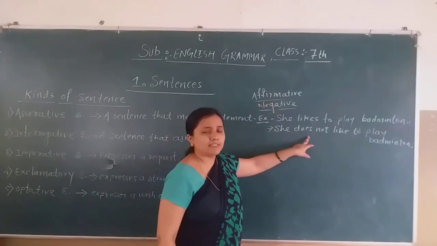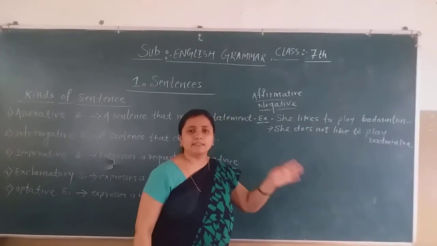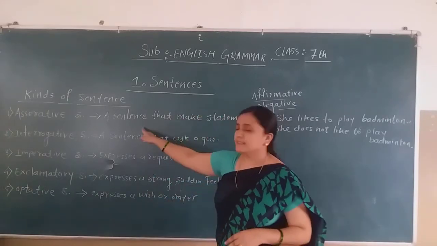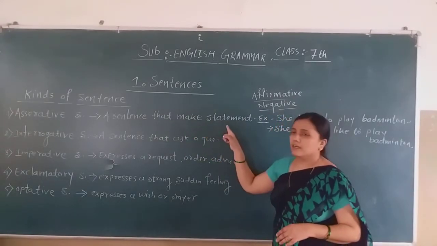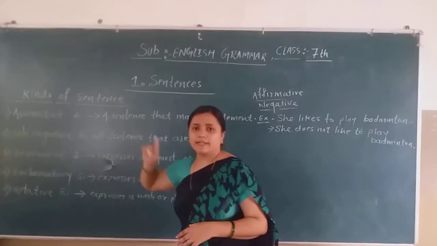By adding not, we can make any sentence negative, or by removing not, we can make any sentence assertive. So here we have seen the first kind of sentence, and that is assertive sentence, a sentence that makes any assertion is called an assertive sentence.